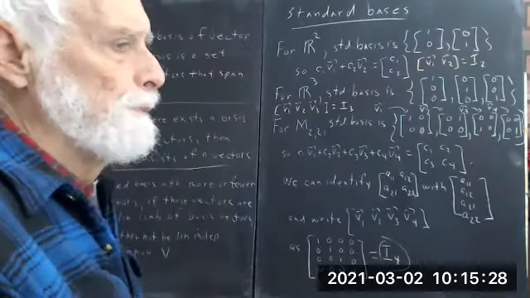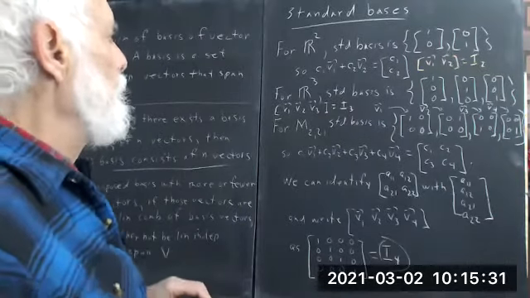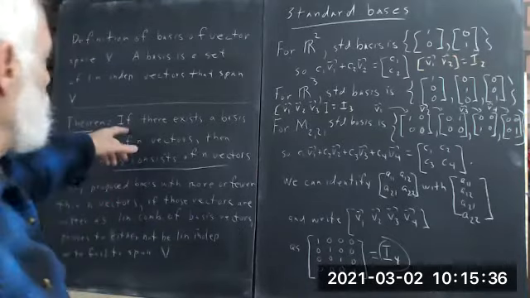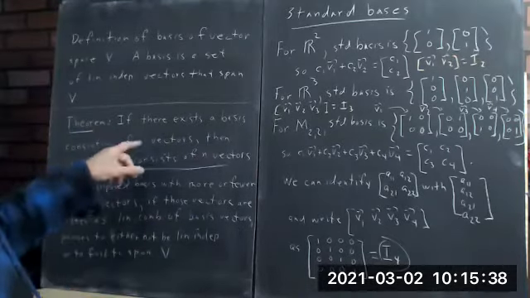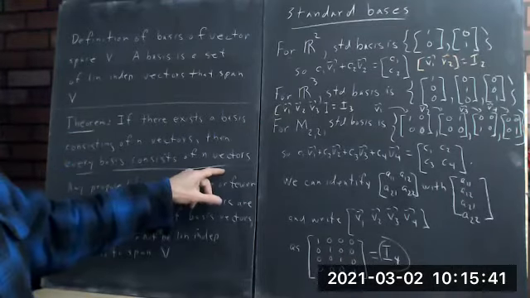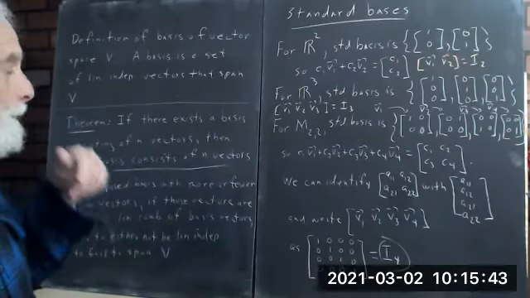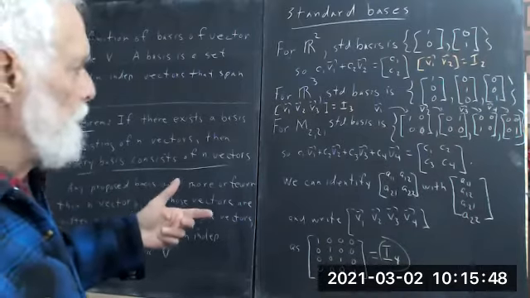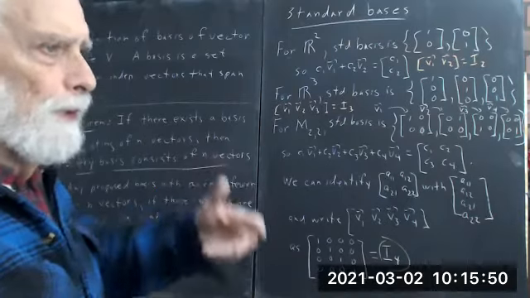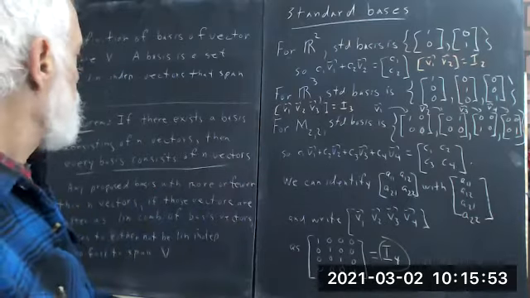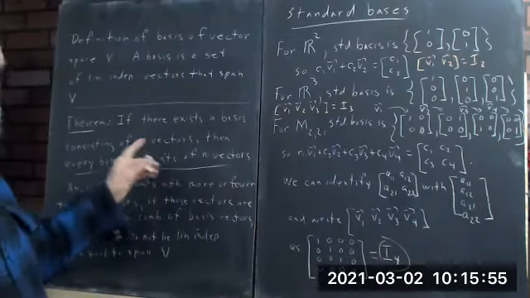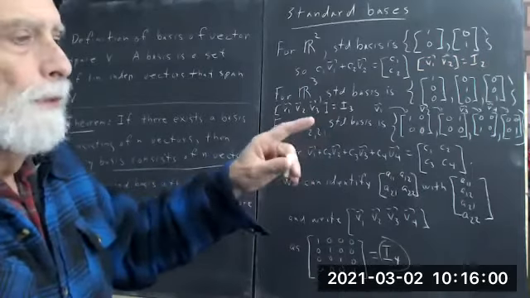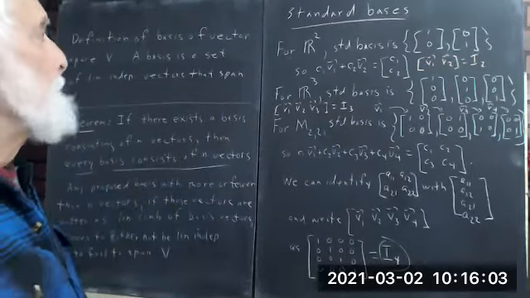So we've seen, now if we go back to what we said before, the theorem: if there exists a basis consisting of n vectors, then every basis consists of n vectors. In this case, we say that this space has dimension n. If there's a basis consisting of n vectors, every basis consists of n vectors, and n is then what we call the dimension of the space.